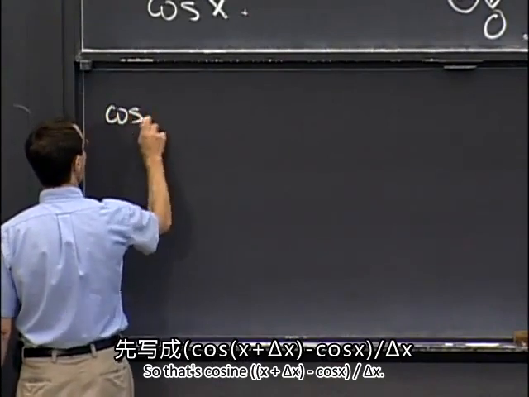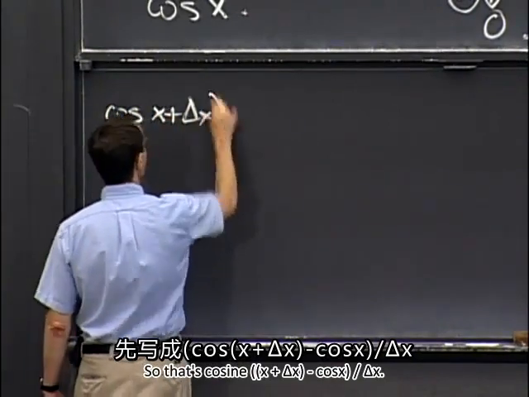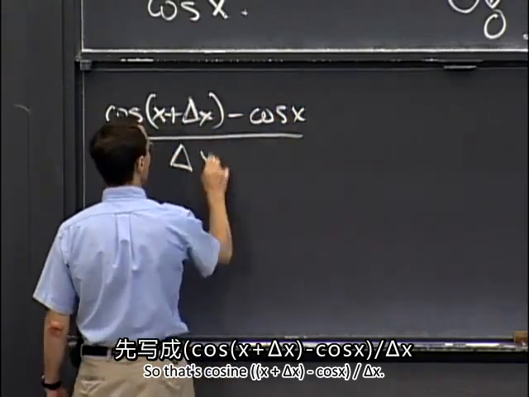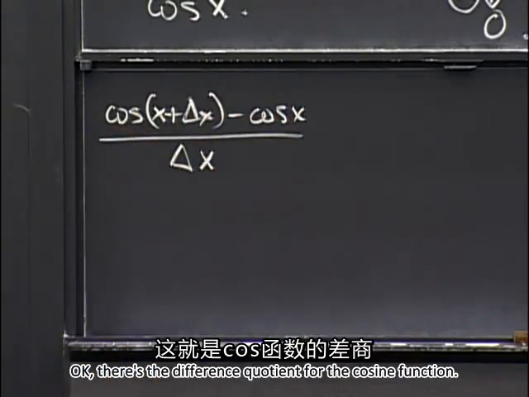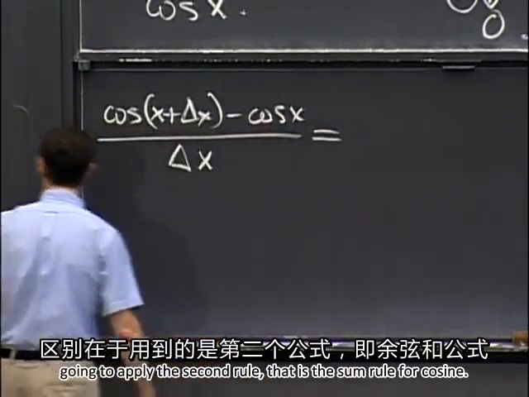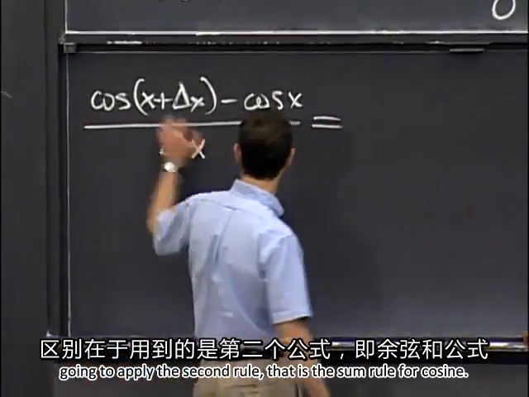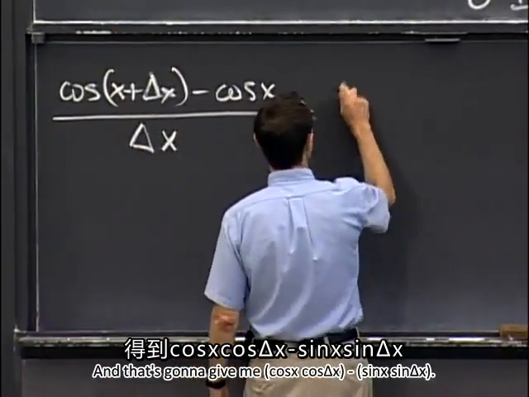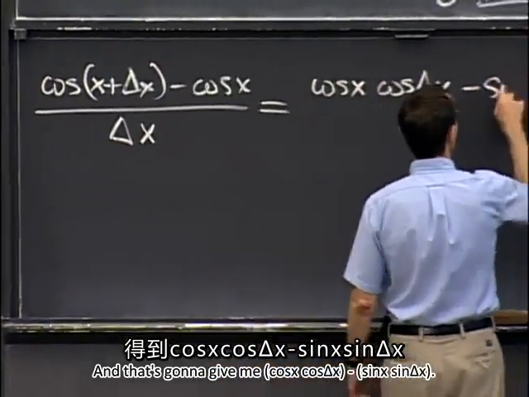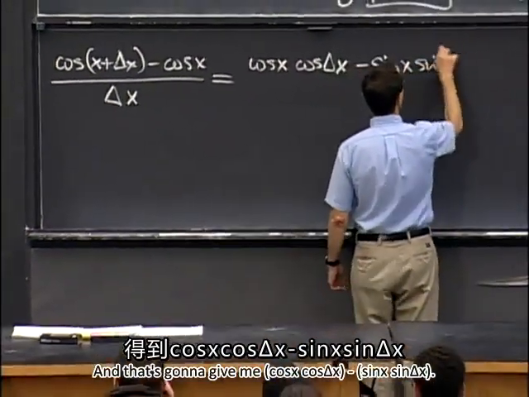So that's cosine of x plus delta x minus cosine x, divided by delta x. Okay, there's the difference quotient for the cosine function. And now I'm going to do the same thing I did before, except I'm going to apply the second rule, that is the sum rule for cosine. And that's going to give me cosine x cosine delta x minus sine x sine delta x.